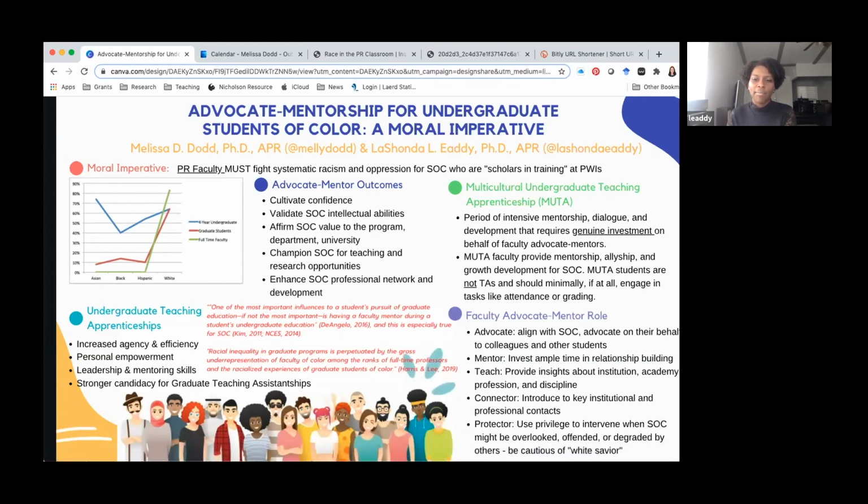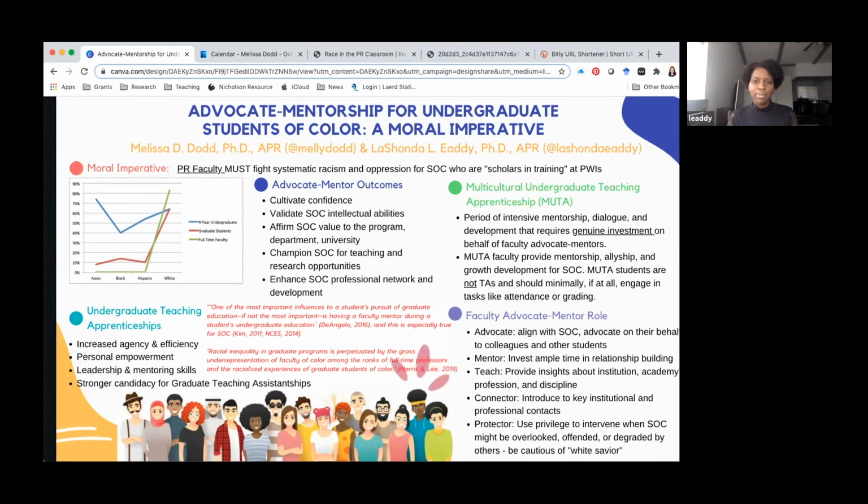And so the commitment on behalf of the advocate mentor, the faculty member, it requires a lot, and it has to be a genuine investment, because in many cases, it may also require you to step outside of the normal requirements or responsibilities and roles that you would have for your other classes and responsibilities.